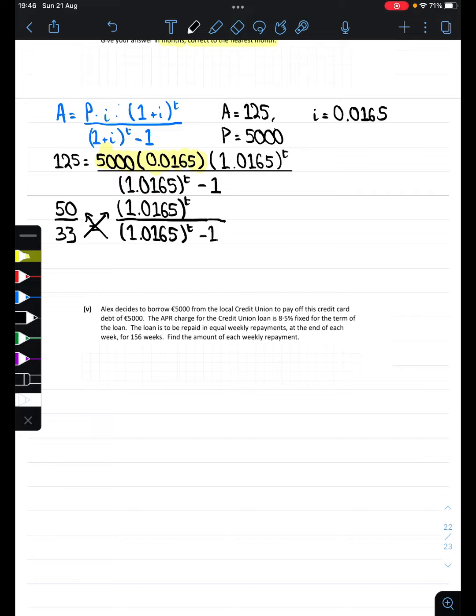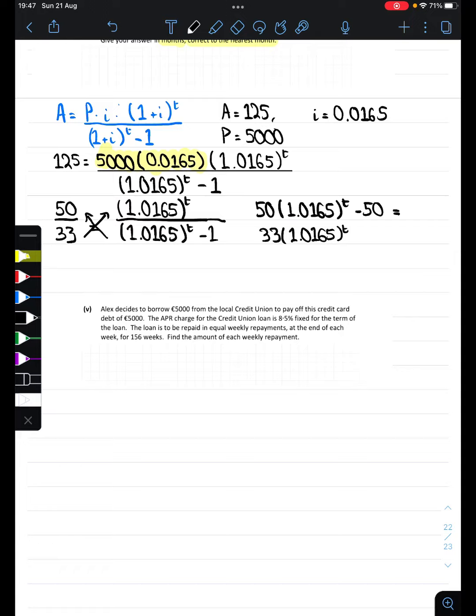Okay, so we'll get 50 by 1.0165 to the t minus 50 equals 33 by 1.0165 to the t.